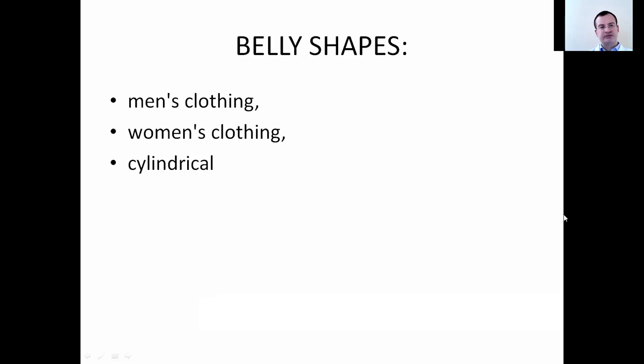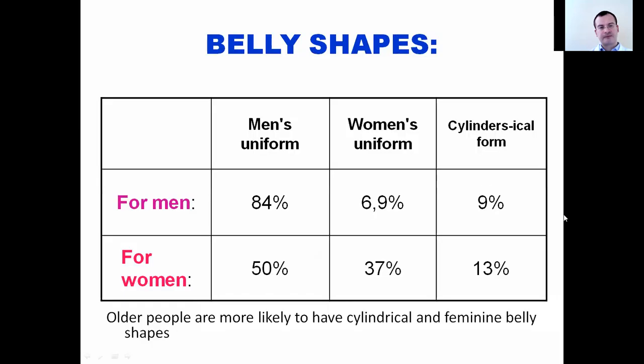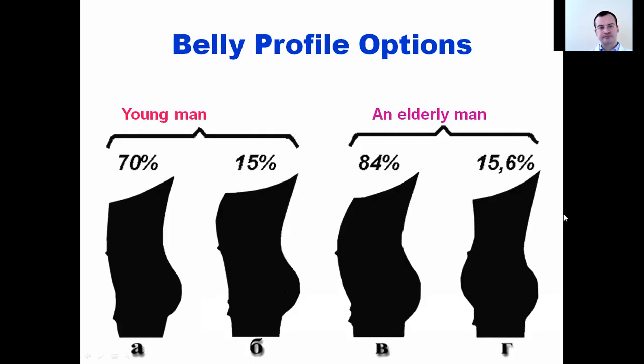Belly shapes: male form, female form, and cylindrical. Belly shapes once again in one table. So it also depends on the age.